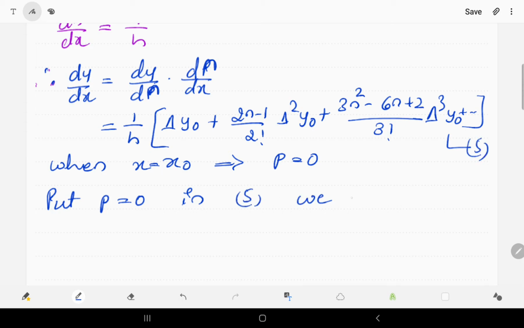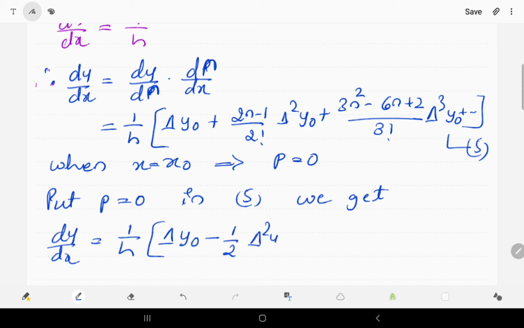We get dy by dx is equal to 1 by h into delta y naught minus 1 by 2 delta square y naught plus 1 by 3 delta cube y naught minus 1 by 4 delta raised to 4 y naught and so on.